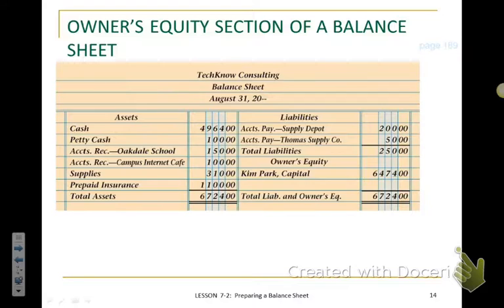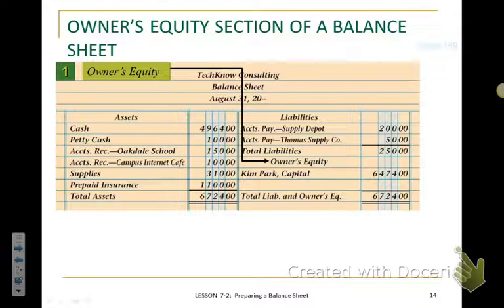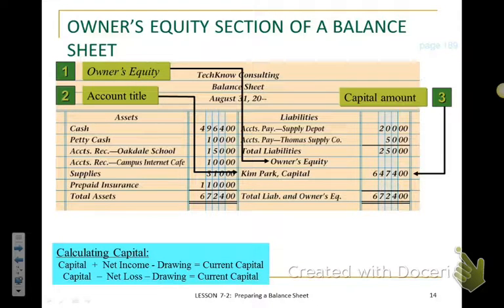Okay. So when we get to doing Kim Park Capital or the owner's equity section, we are going to calculate Kim Park's capital, and we're going to do this by taking into consideration the net income and the drawing. Because if you notice here, do you see the drawing in the owner's equity section?